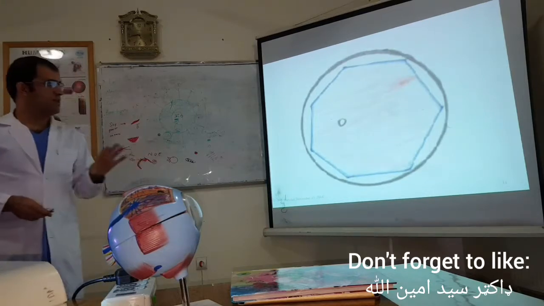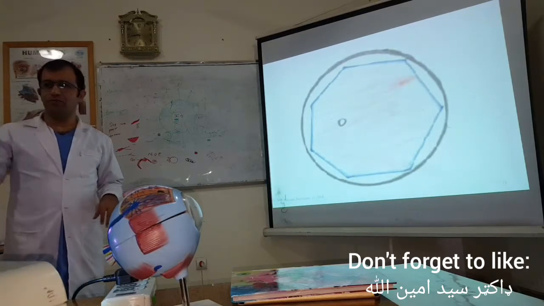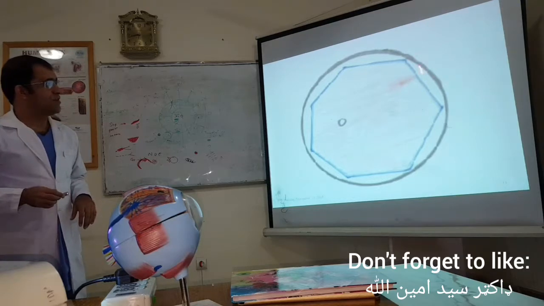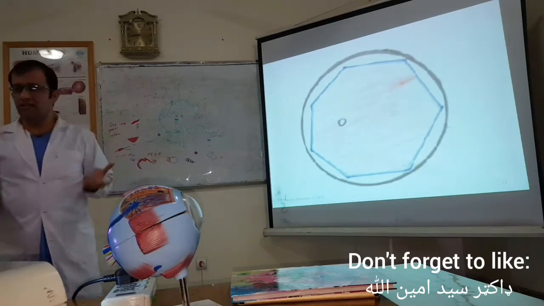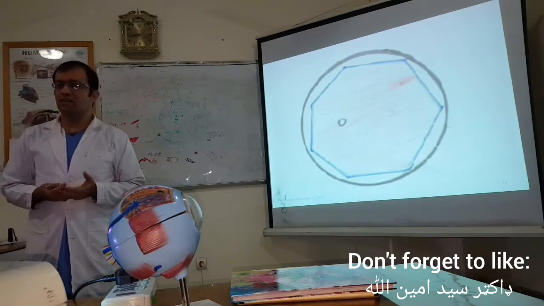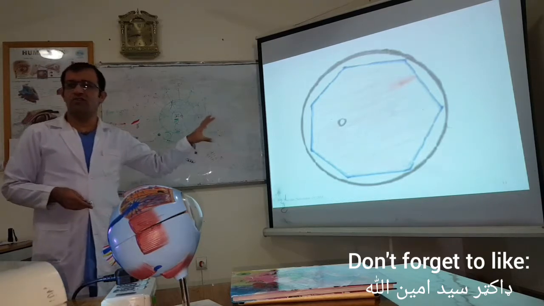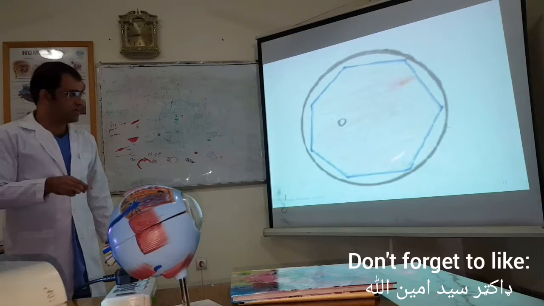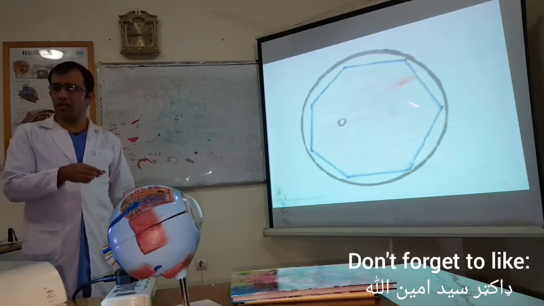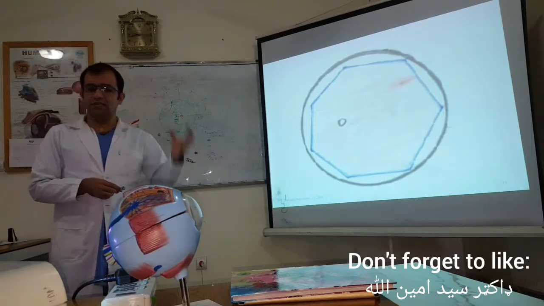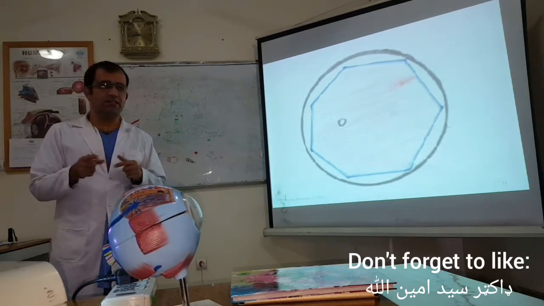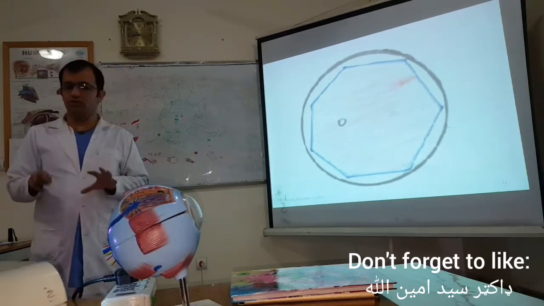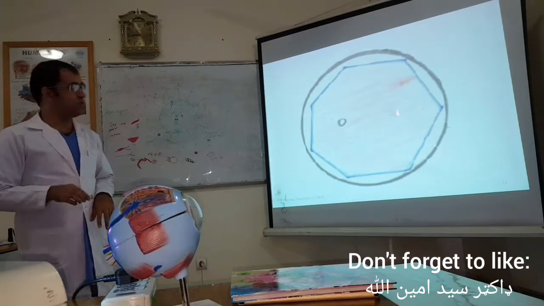Most of the drawings which come to our clinic from some private clinics, they draw like this. It means that they didn't see the ora serrata. They just focus on the posterior pole and draw the lesions here. If you can see the complete retina, ora serrata, and all the locations, you may do the previous drawing. If not, you can write this.